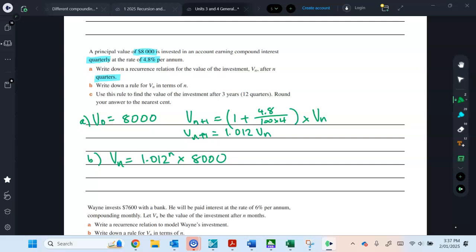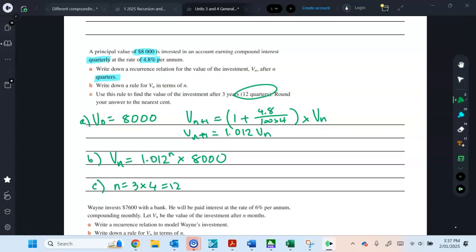Use this rule to find the value of the investment after 3 years. Often it doesn't tell you this little bit of extra information, 12 quarters. So with 3 years, always think about what n is. Because our compounding periods aren't yearly, it's going to be 3 times 4, which is 12.